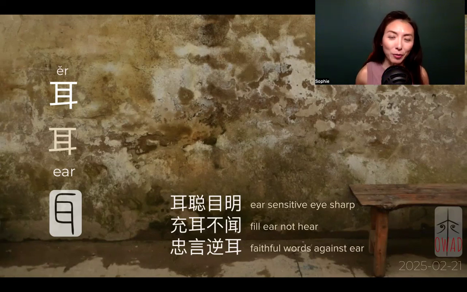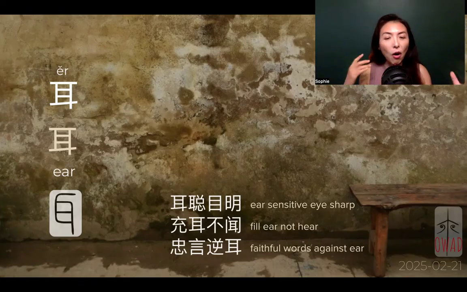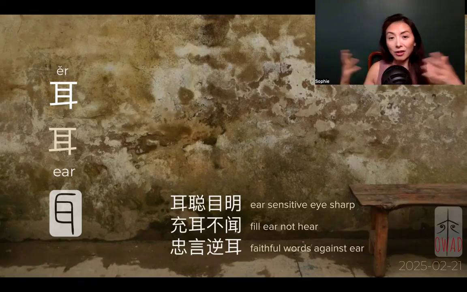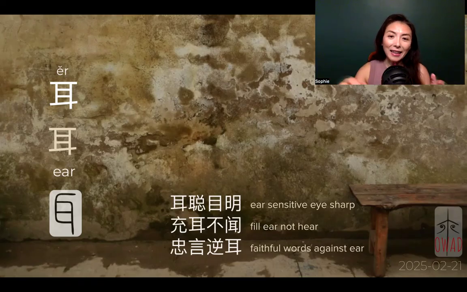充耳不闻. Okay, 充耳不闻 means some information or signals filled your ears. So it's almost like word of mouth, people talking around you, talking about something to you, some feedbacks to you, and 不闻, like you're not actually hearing it. So that's exactly talking about you have the signals received, but you're not processing it.